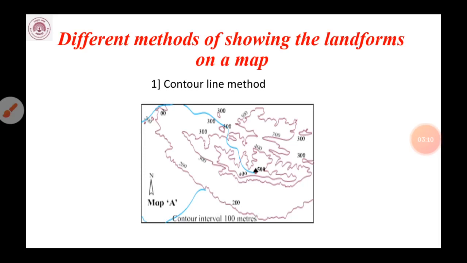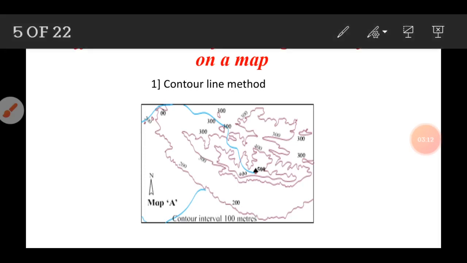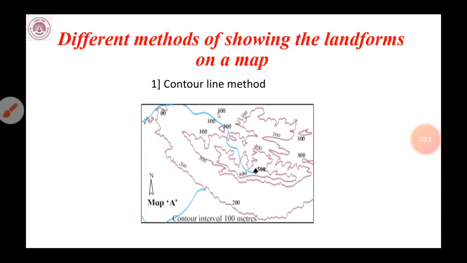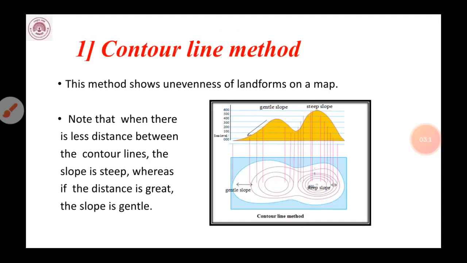Now we will learn in detail about contour lines. This method shows unevenness of landform on a map. Note that when there is less distance between contour lines, the slope is steep. Whereas if the distance is great, the slope is gentle.